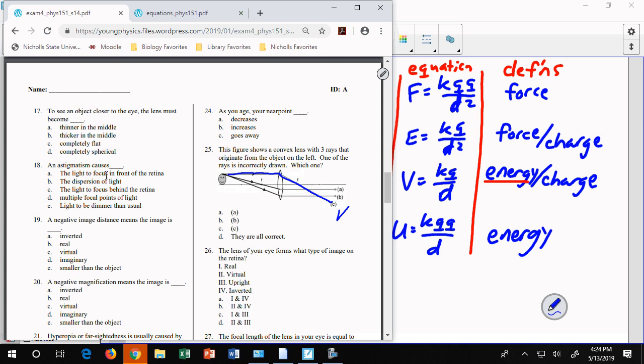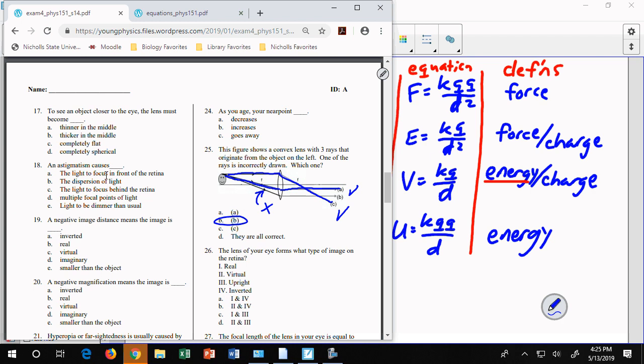And then I have one that's through the focal point and then parallel to the axis. That one's okay. But look, this one right here, not okay. That's B. So only two rays: parallel to the axis and through the focal point. That's what parallel rays do. They go through the focal point. And then the opposite, through the focal point, parallel to the axis. Those are the only two rays you have to consider. There are several others that we can draw too, but those are the two that we'll think about.